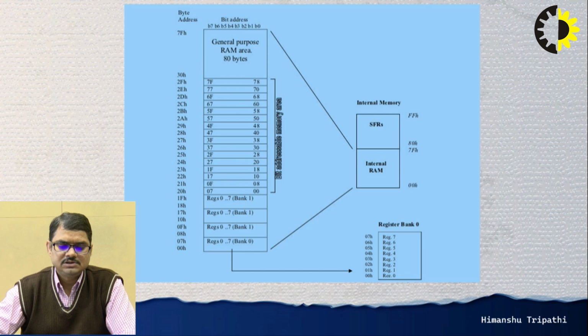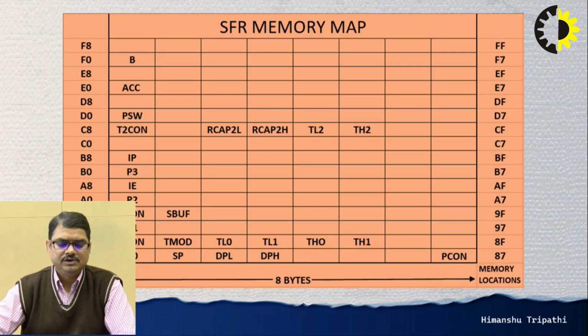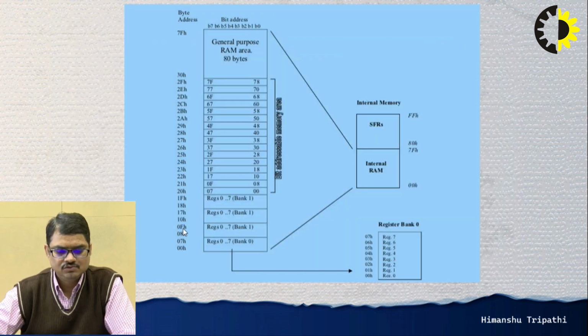After 07H, the next memory location available is 08H, and from 08H to 0FH there are another 8 registers of 8 bits, and this group of registers is known as memory bank 1. The same is the case with memory bank 2 and memory bank 3. Memory bank 2 runs from 10H to 17H, and memory bank 3 runs from 18H to 1FH.